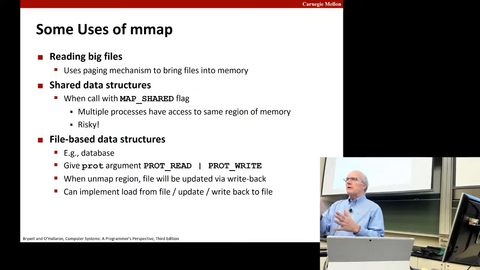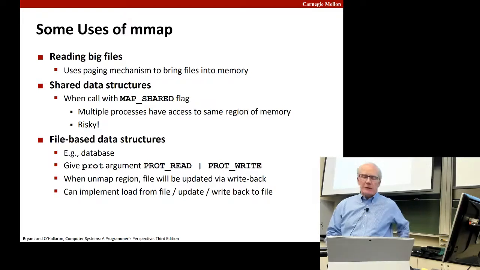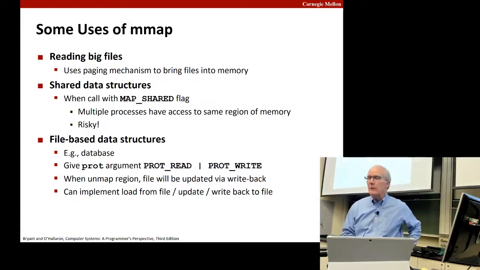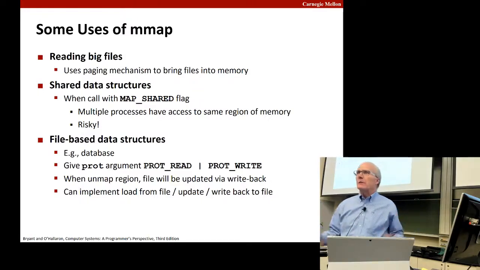Mmap will bring it in, you update it, and then when you unmap that block, it'll all just be written back to the file. So it's not something that typical programmers use every day, but for doing some very high performance memory I/O type of operations, it can be a useful idea.